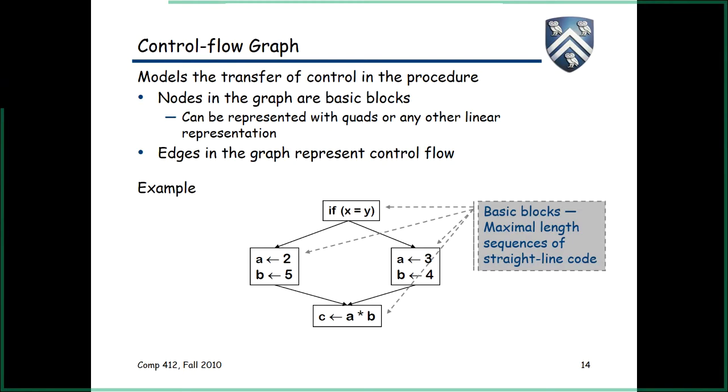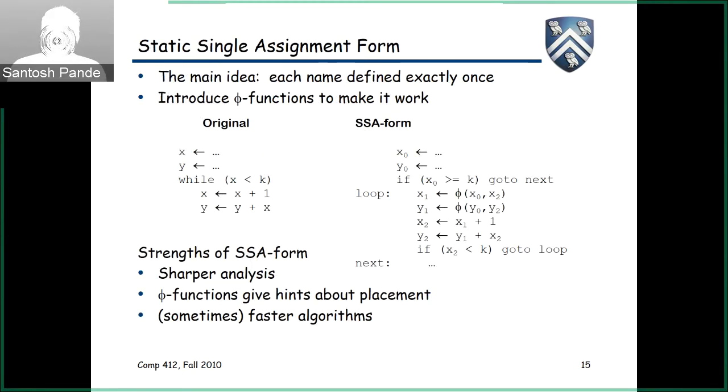So finally, this is where we arrive at what is called LLVM's IR, which is called the static single assignment form. So what is really the difference between the IR that we just saw earlier as a quad IR and static single assignment form in terms of what it does?